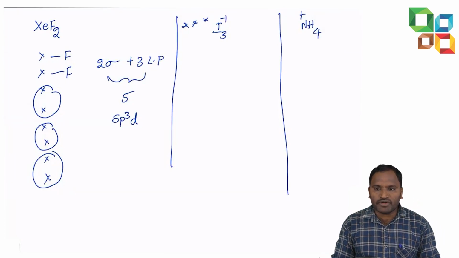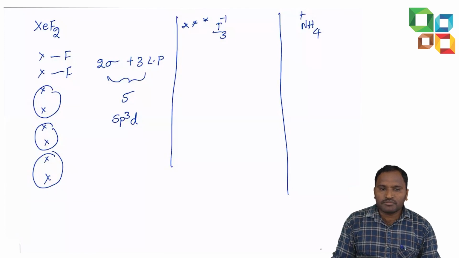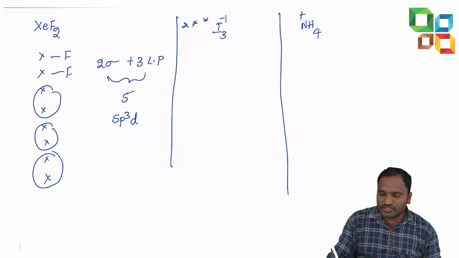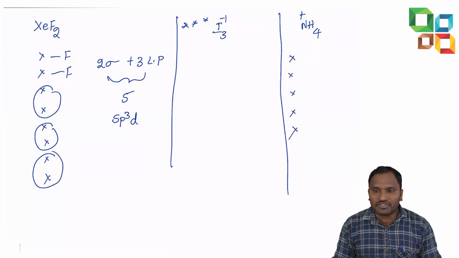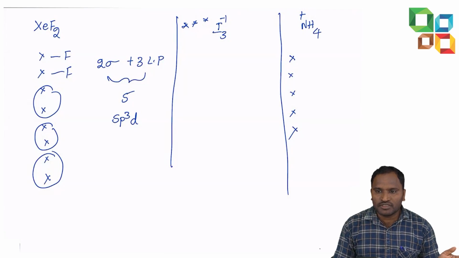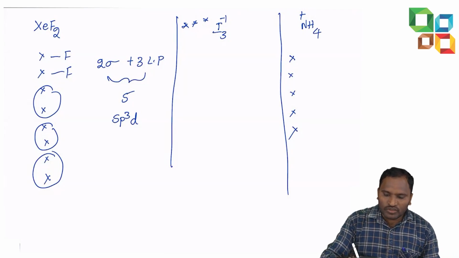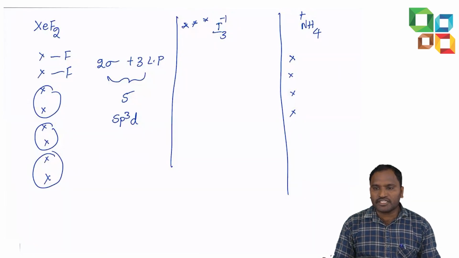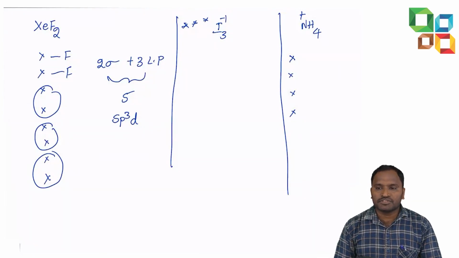In case of ions, how to find out hybridization? You know, nitrogen has 5 valence electrons. So take 5 valence electrons. But nitrogen is carrying 1 unit of positive charge. When it carries positive charge, students, plus 1 means it lost 1 electron. So from the outermost electrons, you have to remove 1 electron. If it carries positive charge, remove electrons based on the magnitude of the charge.